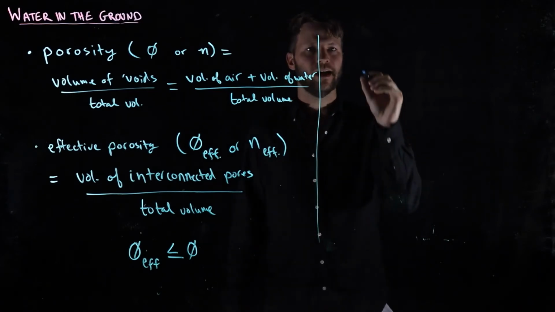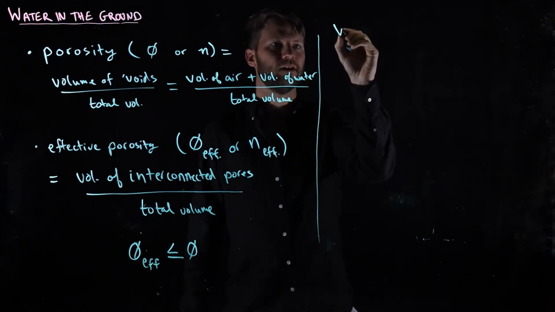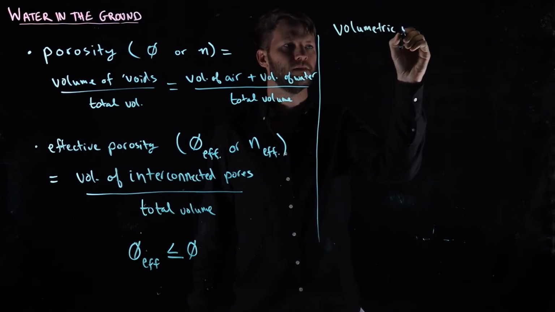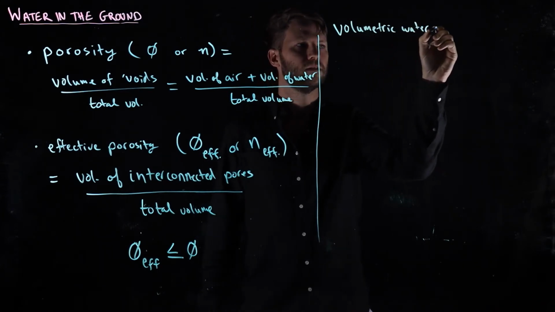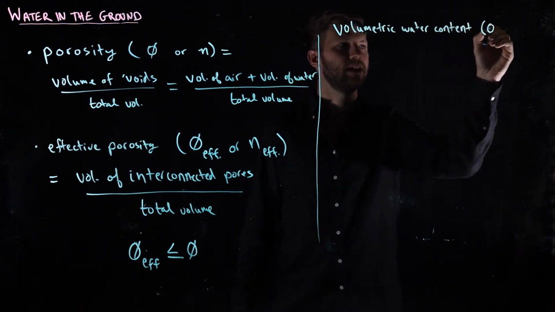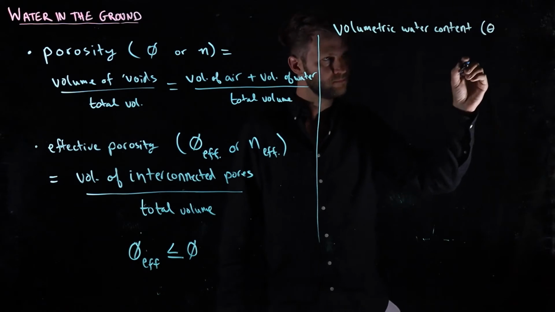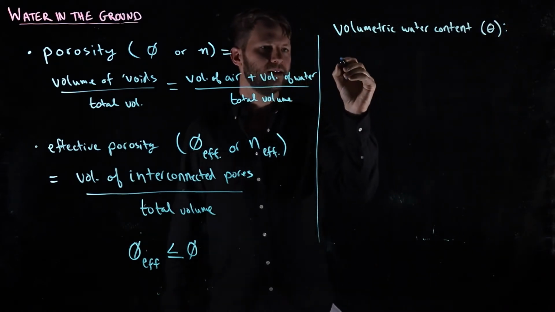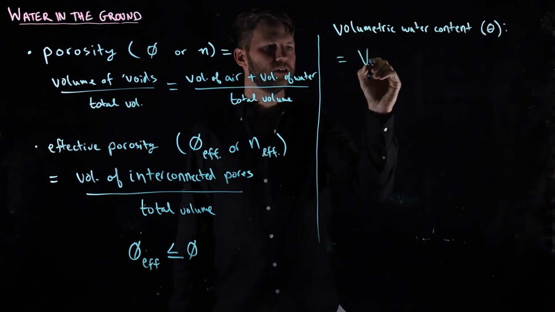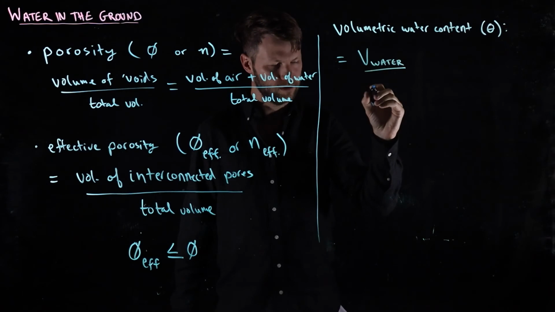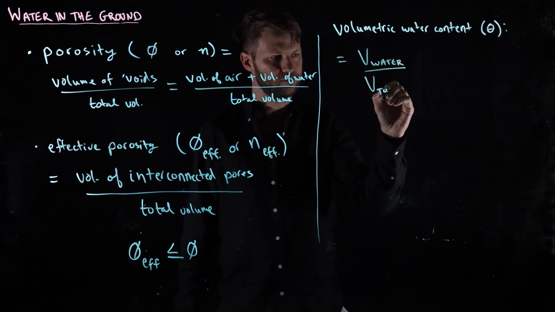For that, we rely on some terms, known as the volumetric water content, most commonly given the Greek letter theta. And it is equal to the volume of water over the total volume of a sample.